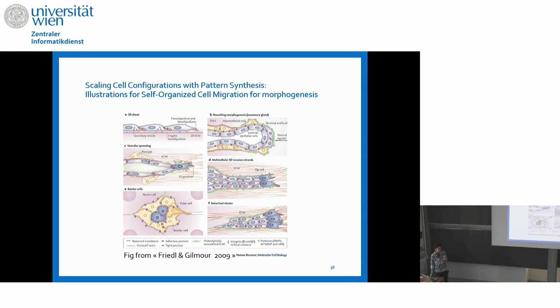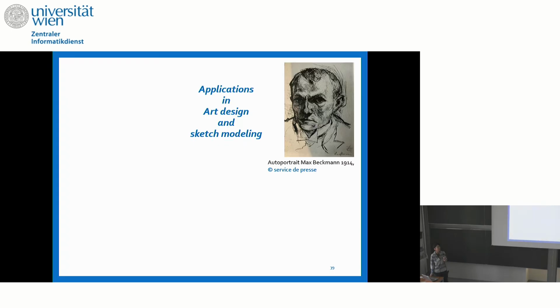I will soon close the parenthesis, but I would like to tell you something else because it's somehow linked to some techniques that I talked to you about. Also in art design, this distribution synthesis and analysis would be very interesting and is commonly used in the computer graphics community, where you have some strokes that are just distributed over a 2D domain, and you would like to analyze it, learn from it, for example, to learn the style of the artist in terms of drawing.